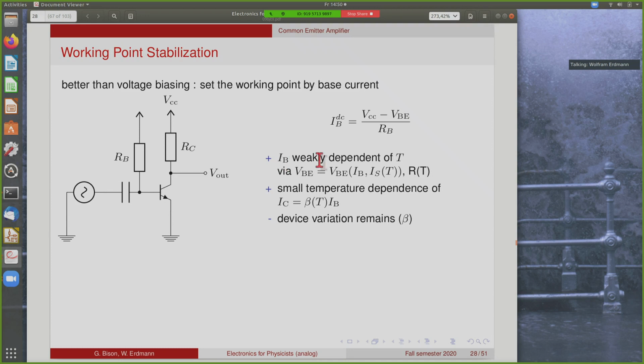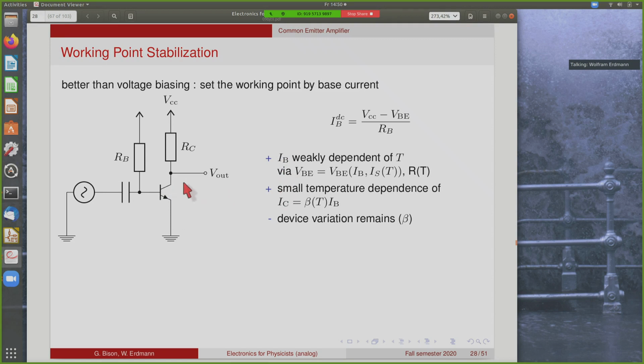Now the base current is only a weak function of the temperature, through temperature changes of the resistor itself and very small changes of the base emitter voltage. So it's relatively stable with respect to temperature. At least the working point.